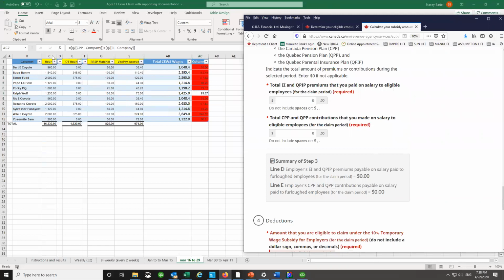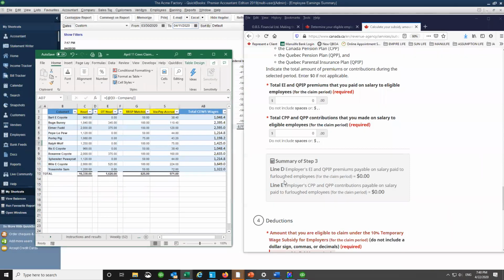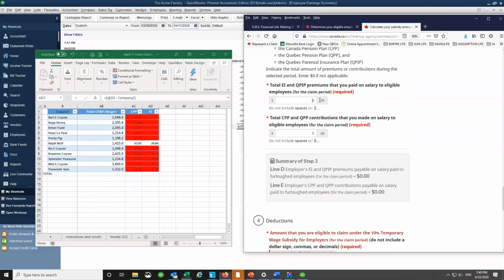We have to break out the CPP and EI so I know which ones are which. Hold on here, I'm just going to redo this calculation. Okay, I'm back. So you'll see I've now broken down to CPP and EI. So when we go back and take a look at the spreadsheet here, we know that the total EI was $30 and the total CPP was $64.